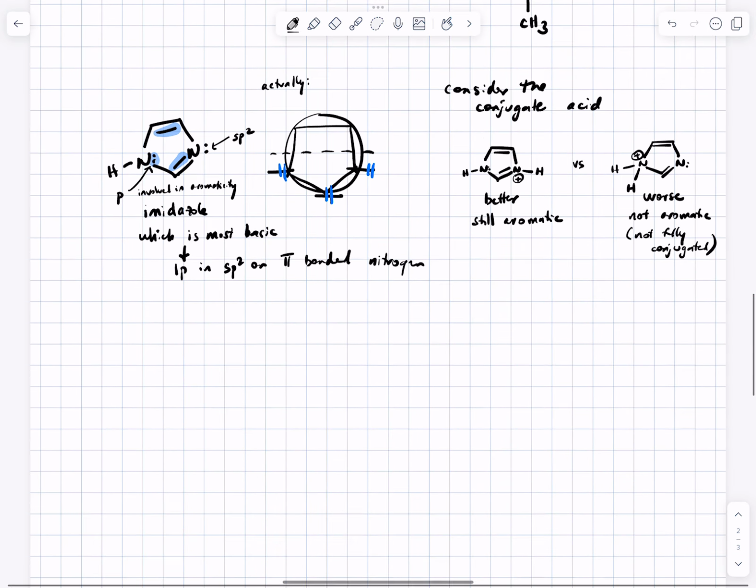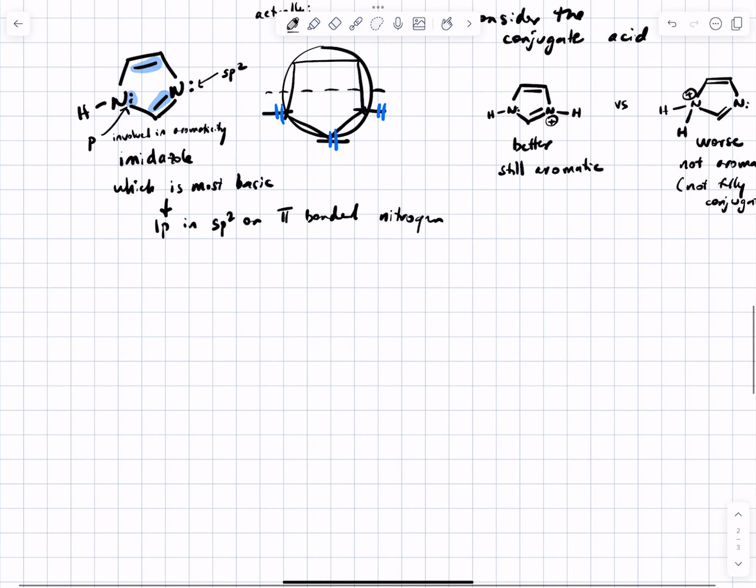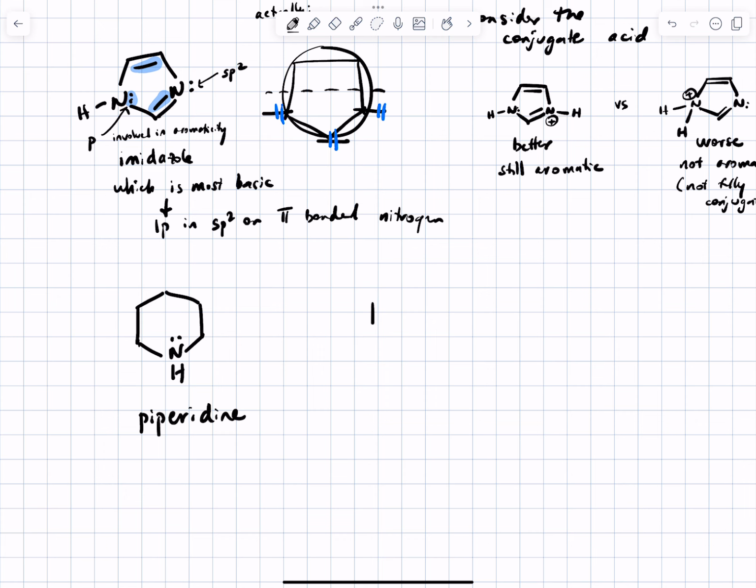Let's use now another comparison. This is a base that is called piperidine. This is a base that is called pyridine, and it's spelled with a Y. Both of them stink to high heaven. A lot of amino compounds are smelly.